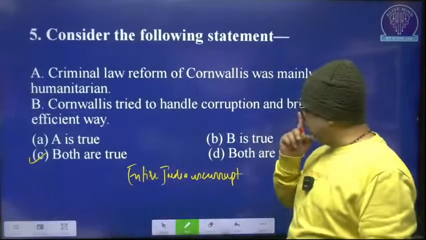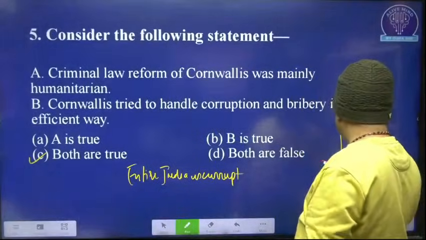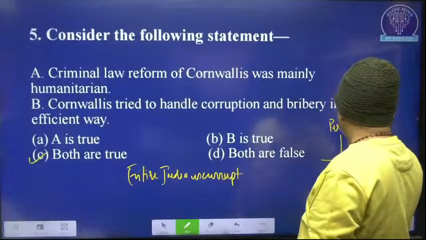So what are his famous works? If we write down here: Permanent Settlement.